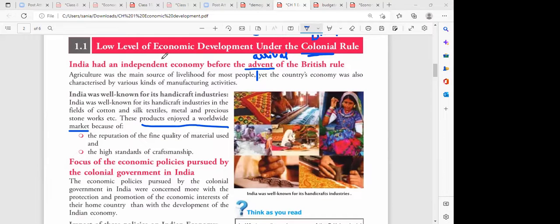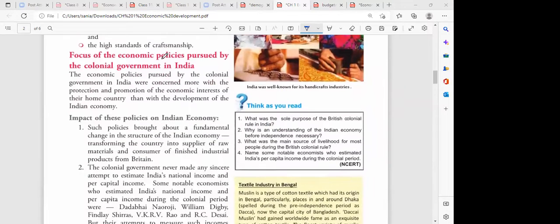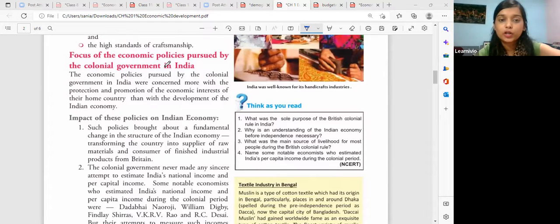Yes, done. Now next is focus on economic policies pursued by the colonial government. Basically what happened? Britishers came to India. Now Indians were under Britishers. Of course, they gave some policies. For example, I am teaching you. Today, I gave you some rules that from tomorrow onwards, you will join on time, you will complete your assignments, nobody will absent themselves in tests.